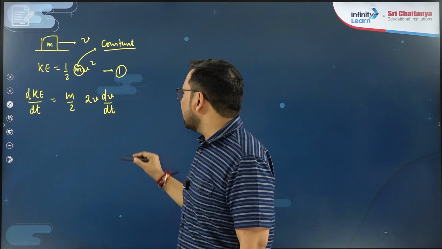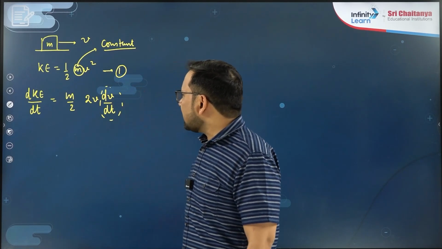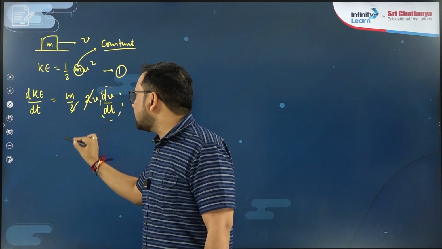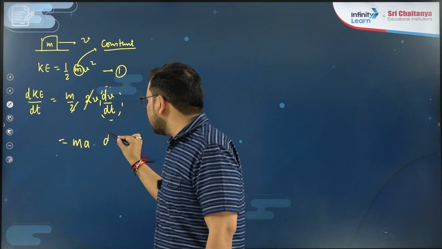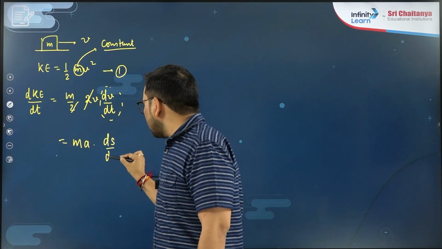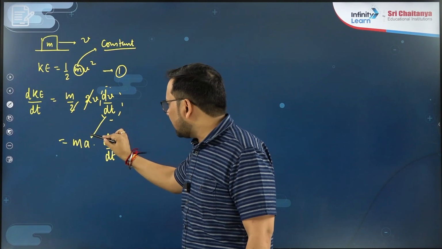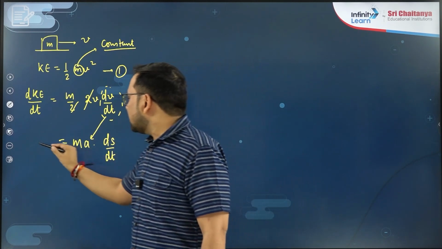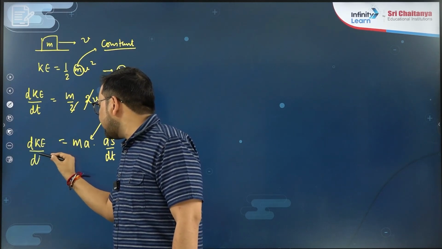What are we getting? Have a look. dv by dt, if you see this expression, what is that? Acceleration. dv by dt is acceleration, the 2 gets cancelled. Here it is ma into v, and we can write v as the rate of change of displacement. So dv by dt is written as a, and velocity is written as ds by dt, and the left side is dK by dt.